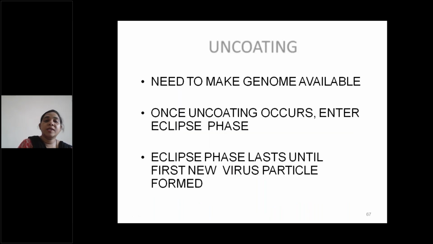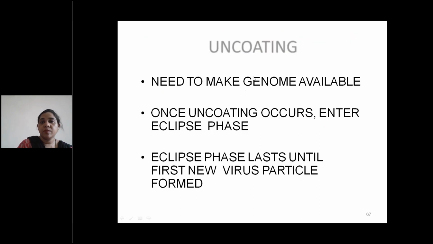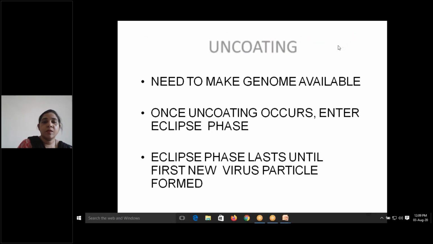Now, what is uncoating? Once uncoating takes place, the cell usually enters into the eclipse phase, which lasts until the first virus particle is formed.